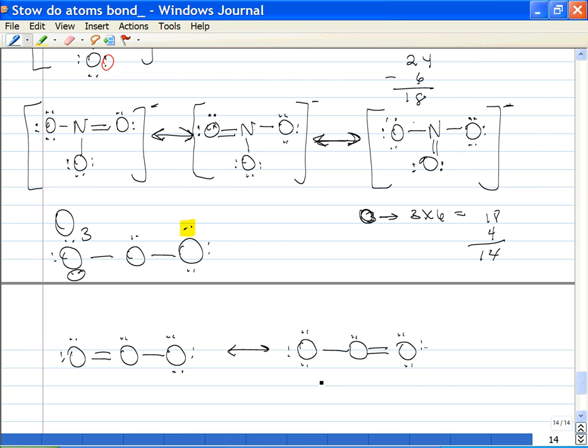In each case, we have an octet, 8 electrons around every single atom. So these would be the two resonance structures for ozone, O3.